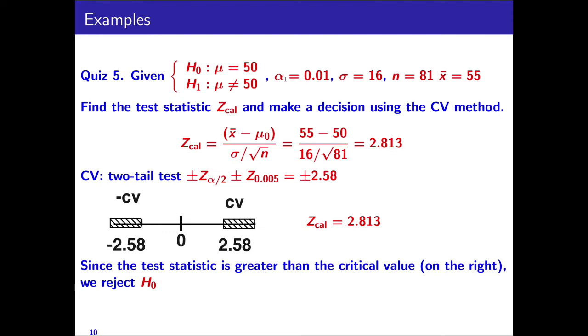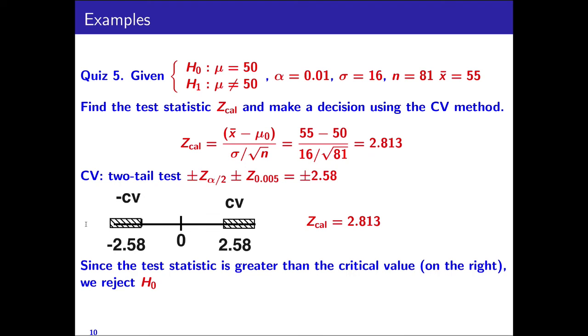Now, to find the critical value, notice this is a two-tailed test. So the critical value is equal to plus minus z of alpha over 2. Alpha is 0.01, so alpha over 2 is 0.005, which is plus or minus 2.58.